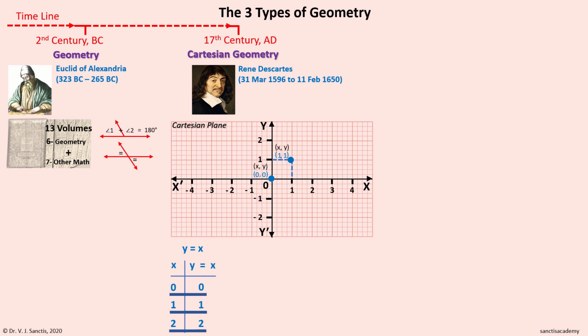Now in the Cartesian plane, x is equal to positive 2 along this line, and y is equal to positive 2 at this level, and the point where the two lines coordinate is where x is 2 and y is also 2.